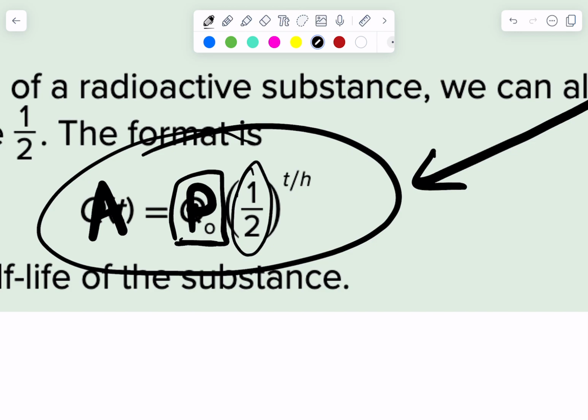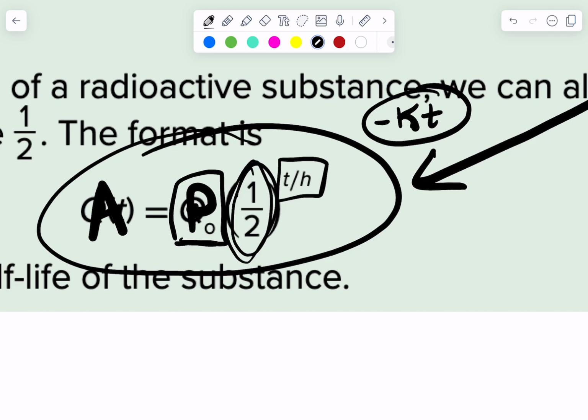So let's say I don't want to start with 100 or 50. I can now plug different numbers in for P and A. But take a look at this T over H. Now that the 1/2 is on the right side instead of the left, it's not negative K times T, they've written it as T over H, or T over K.